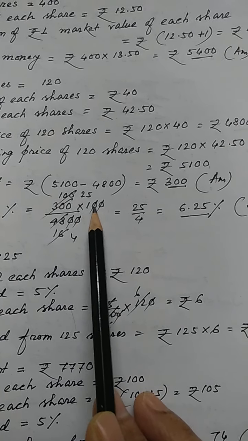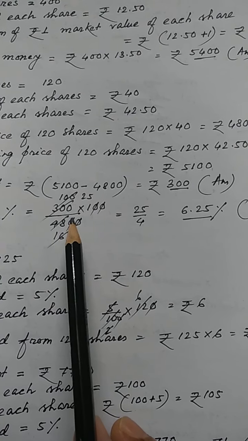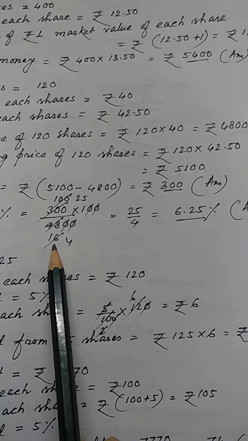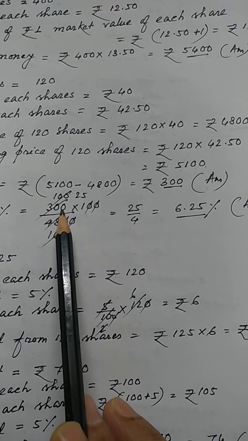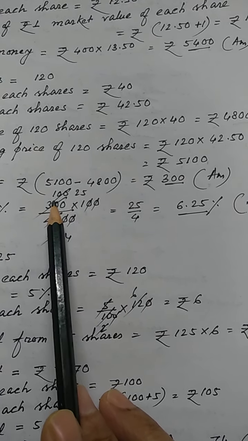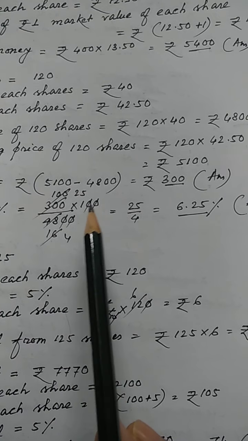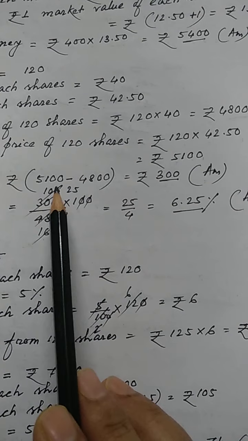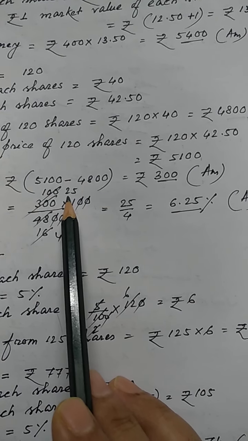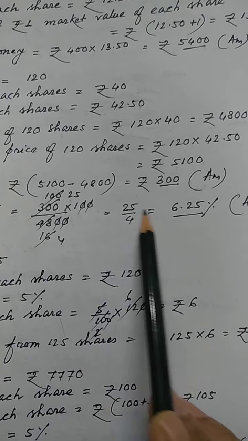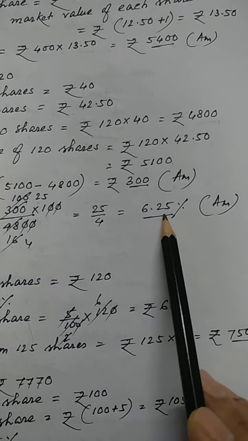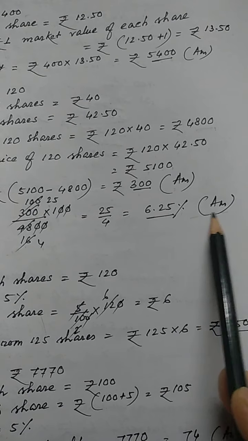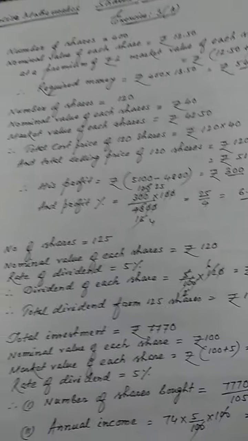Now see, cancelling the zeros, dividing 48 by 3, it is 16, and 300 dividing by 3, that is 100, and then 16 divided by 4, it's 4, 100 divided by 4, it's 25, so 25 by 4, and that is equal to 6.25%. Therefore his profit percent is 6.25%.